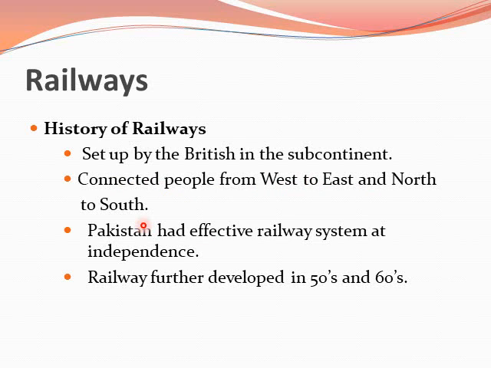Thus, they provided safe transport and moving cargo. At independence, Pakistan had an effective railway system, although it was given fewer engines and carriages. Railways were developed further in the 50s and 60s, but with the construction of highways and the use of road transport for goods and people, the railway was neglected.